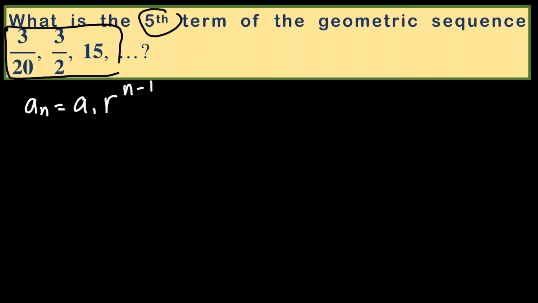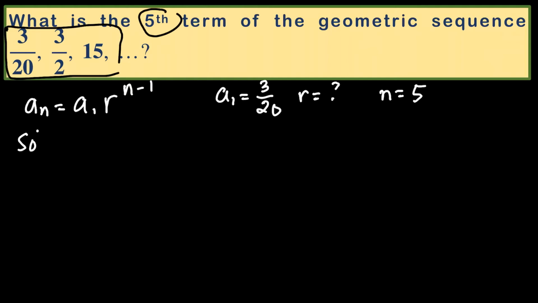We are given a sub 1, which is 3 over 20, but we don't know the r. Since we are to solve for the fifth term, our n is 5. So let us solve first for r.